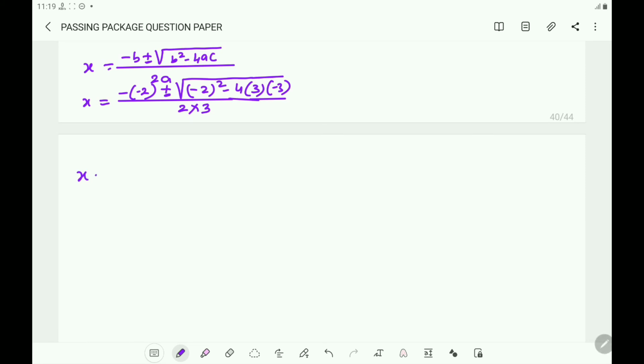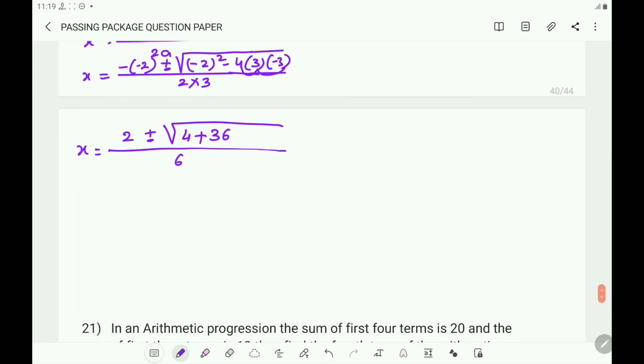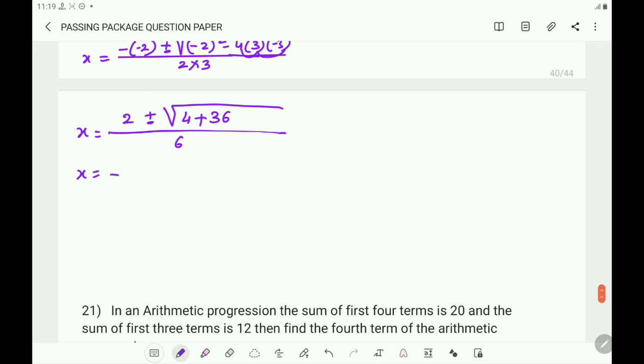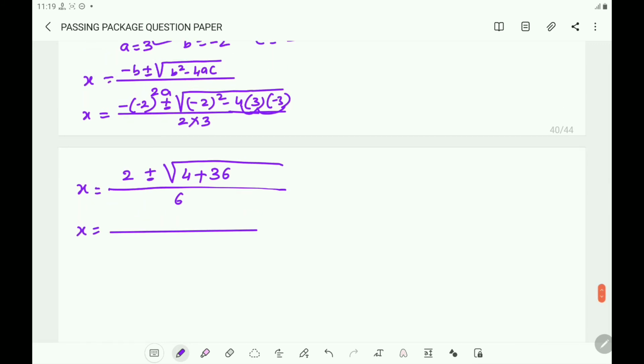Then you write x equals, minus of minus 2 is 2 plus or minus whole root minus 2 whole square is 4, and here you take minus into minus becomes plus. 4 3s are 12, 12 3s are 36, and 2 into 3 is 6. Then x equals 2, you write 2 only, then you write plus or minus, then whole root.